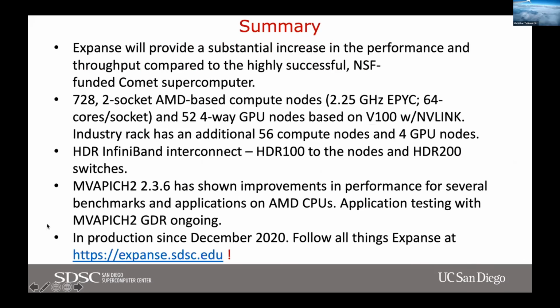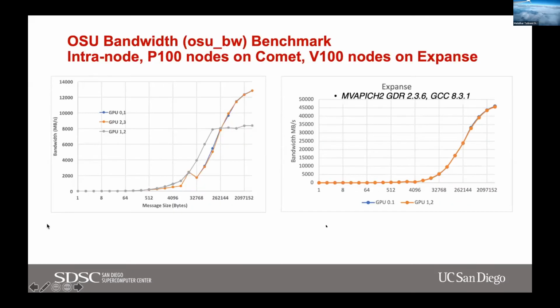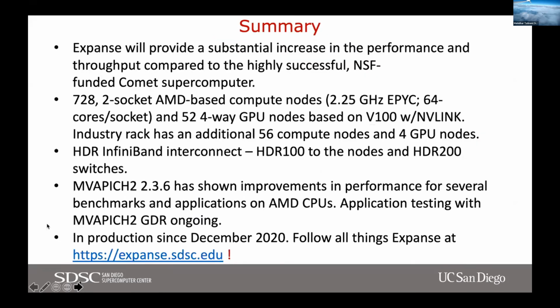We are actually testing some applications like HOOMD-blue and a few others using MVAPICH2-GDR. This is a really new installation, so I haven't had a chance to test too many applications, and we'll have results soon, I think. But I can already see that it's a nice improvement over Comet given the architecture.